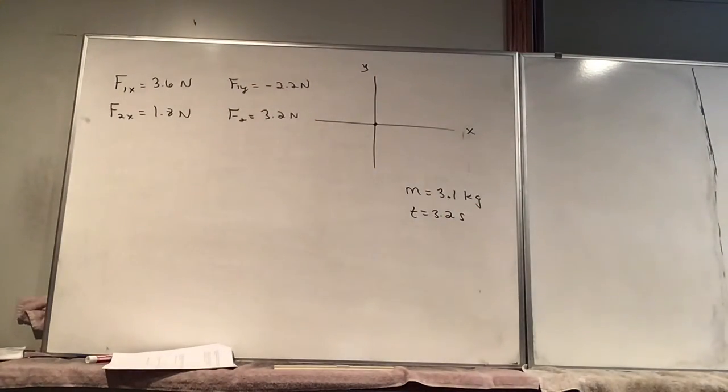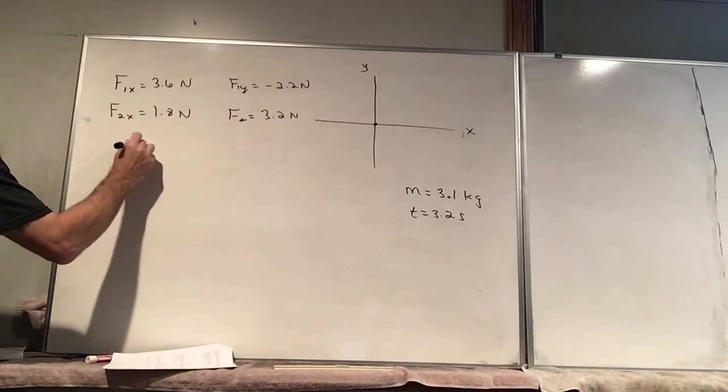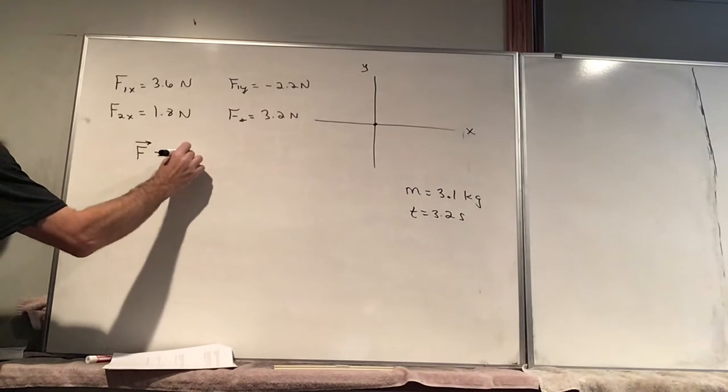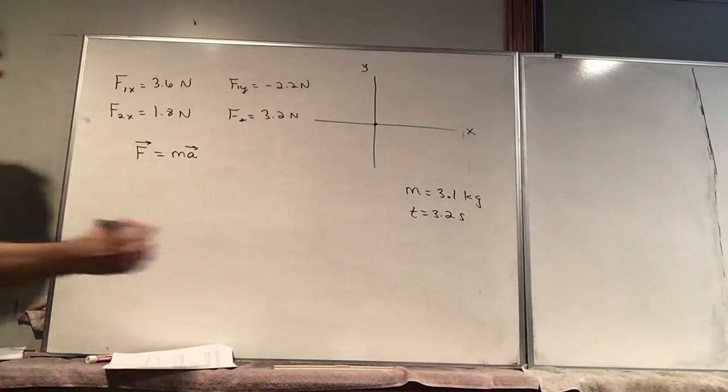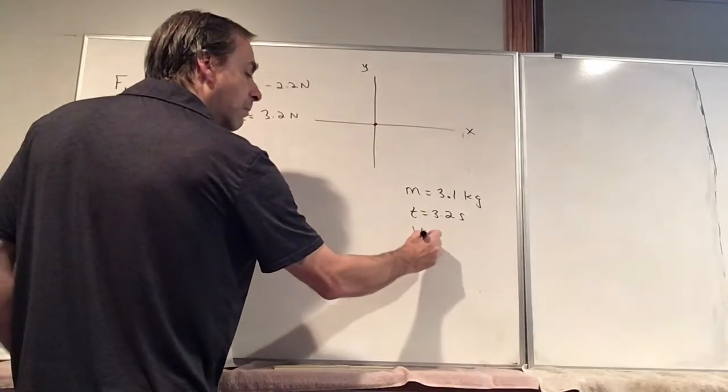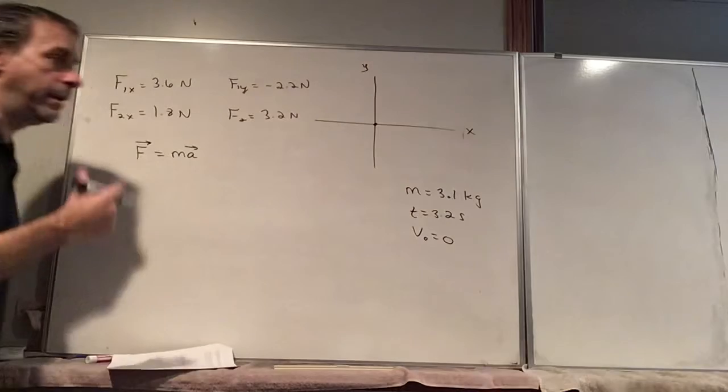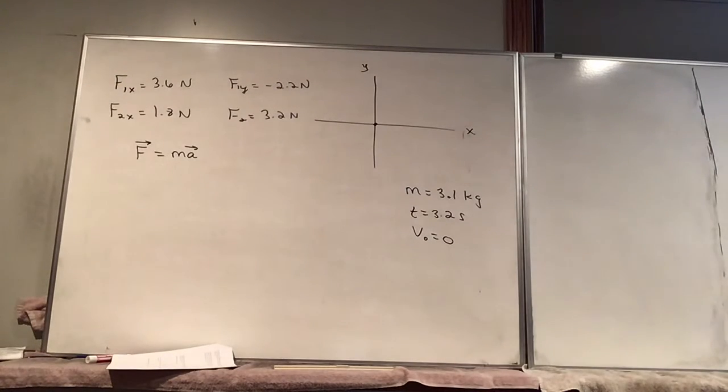Okay, so we're going to use F equals ma, basic idea, to get the acceleration of the particle. We get it started at rest, and it's at the origin, so x naught is 0.